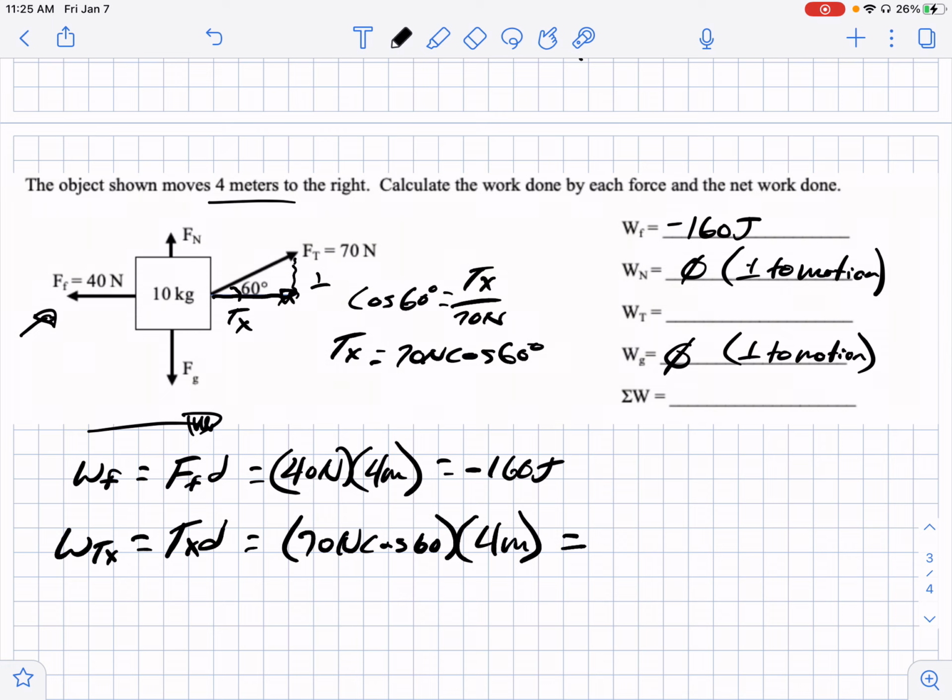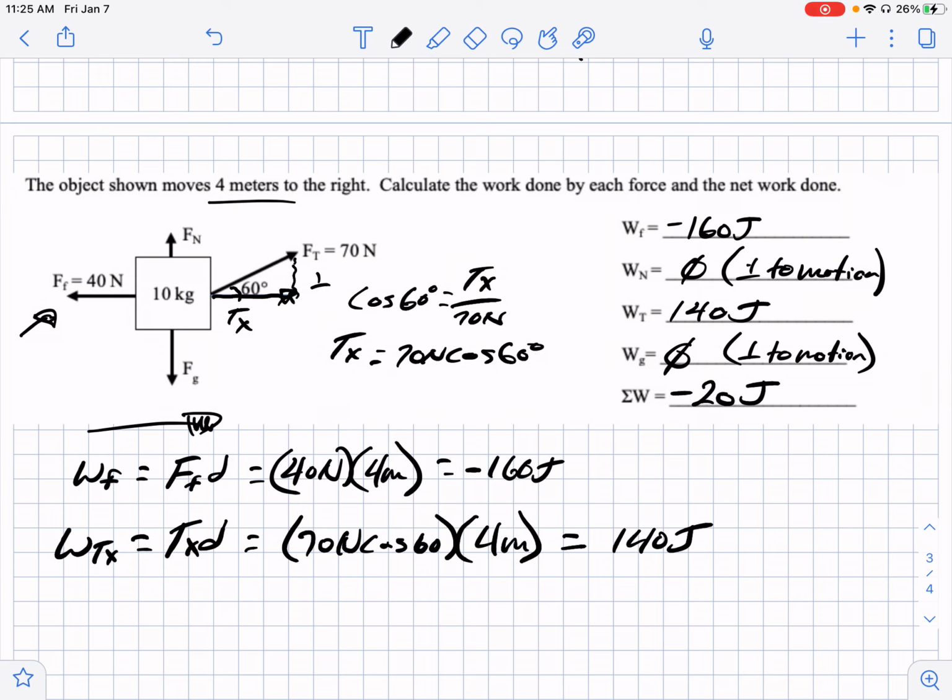And when I plug that in, you should end up with 140 joules. The net work, then, we just add all that up. So you should end up with negative 20 joules.